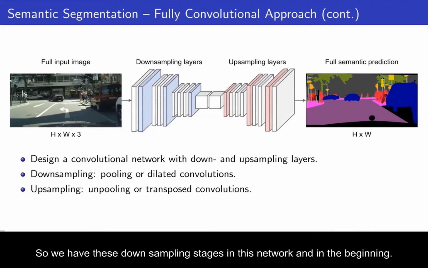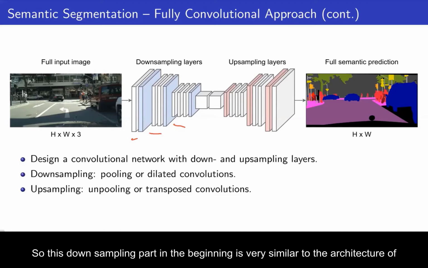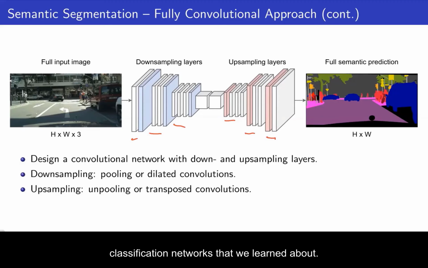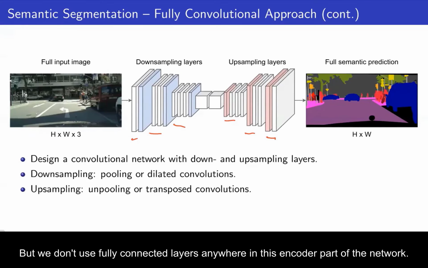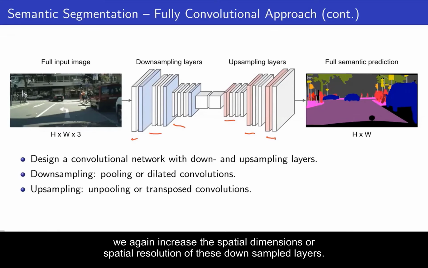So we have these downsampling stages in the beginning of this network, and then you have these upsampling stages in the end. This downsampling path in the beginning is very similar to the architecture of classification networks that we learned about, where we have a few convolutional layers, then maybe convolutions with stride for downsampling, and so on. But we don't use fully connected layers anywhere in this encoder part of the network.